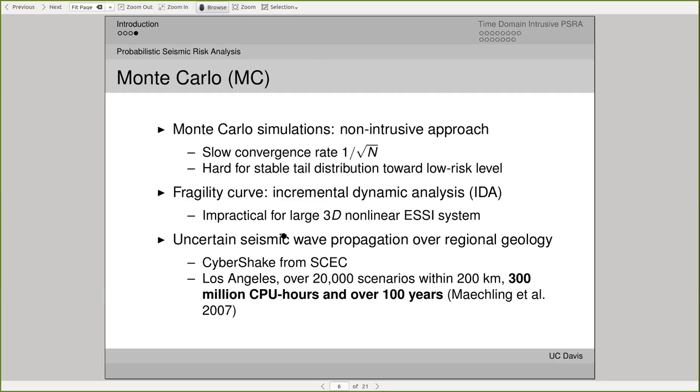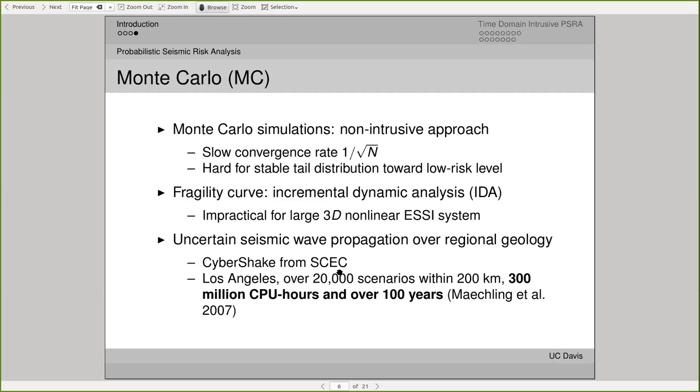And the same issue also exists in uncertain seismic wave propagation over regional geology. As we know, nowadays we have already been able to do this deterministic physics-based earthquake ground motion modeling of regional geology using numerical tools like CyberShake from the Southern California Earthquake Center.